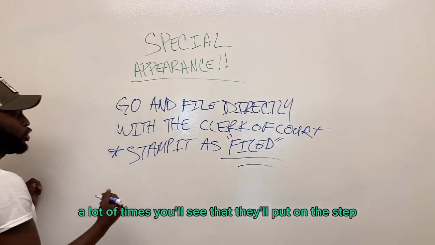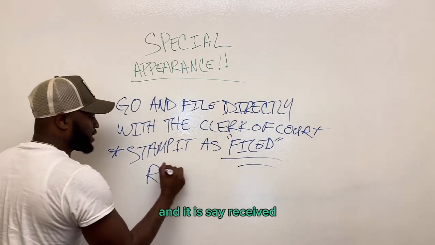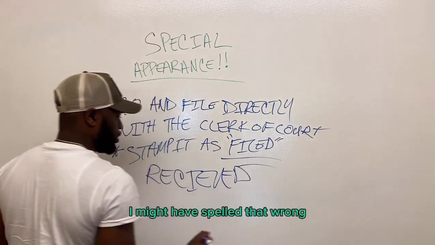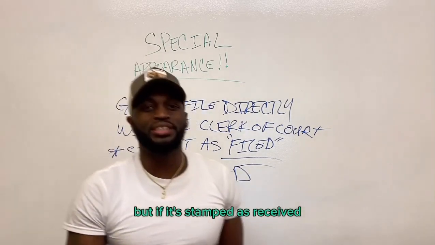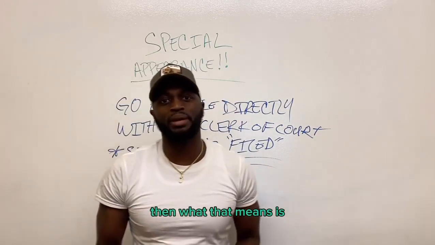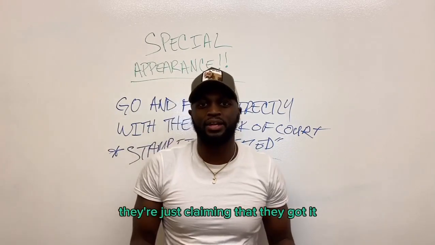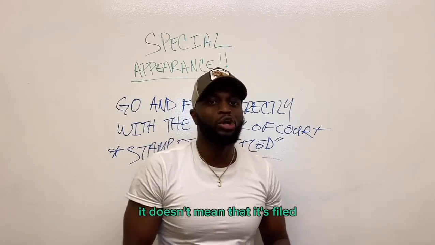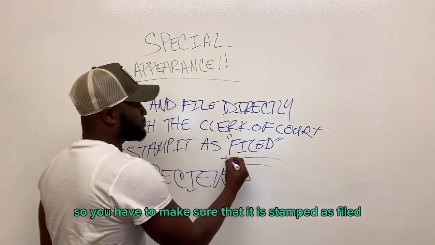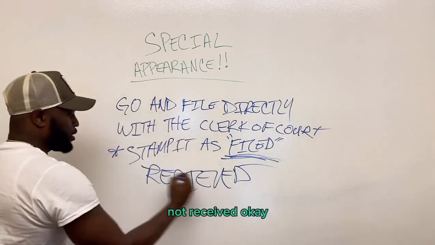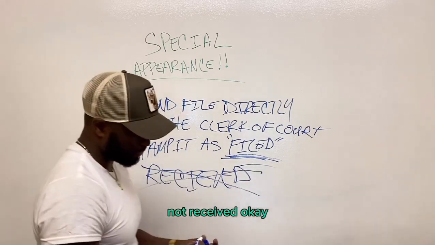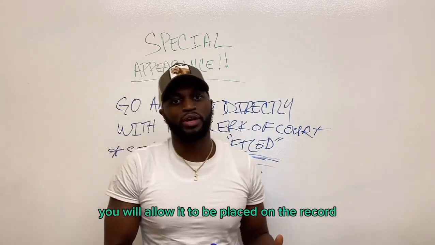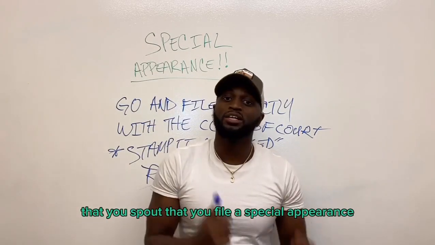A lot of times you'll see that the stamp says received. But if it's stamped as received, then what that means is they're just claiming that they got it. It doesn't mean that it's filed. So you have to make sure that it is stamped as filed, not received, okay? By doing that, you will allow it to be placed on the record that you filed a special appearance.